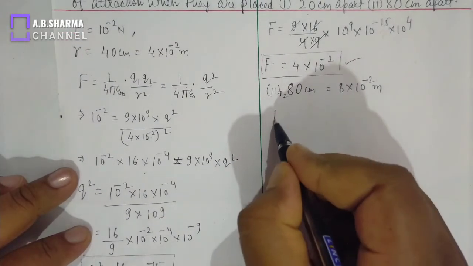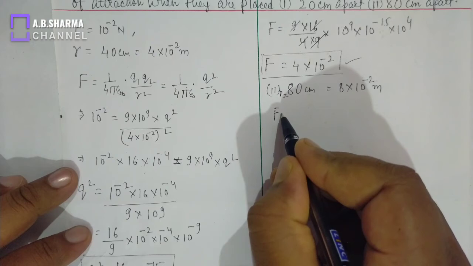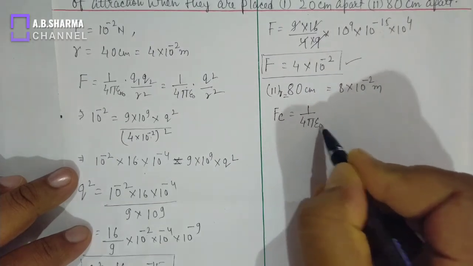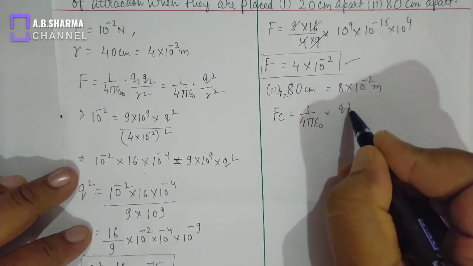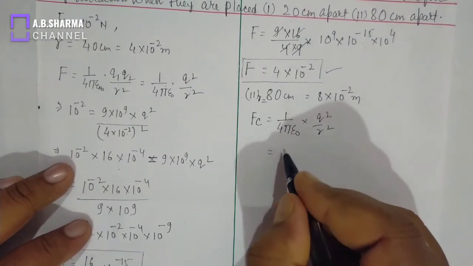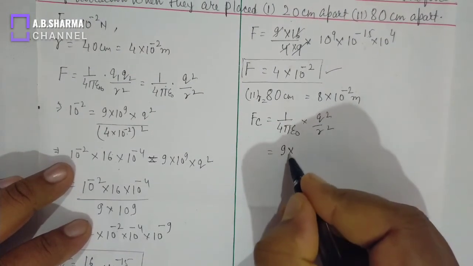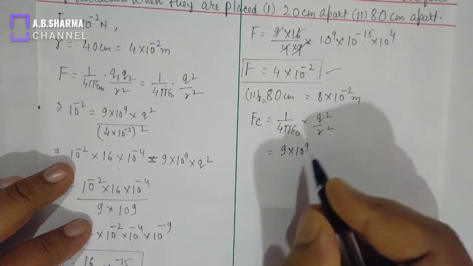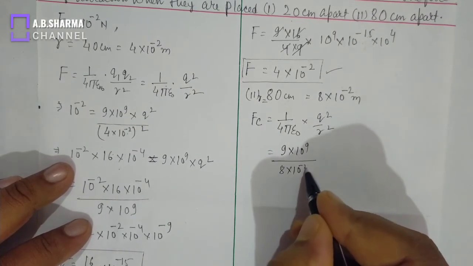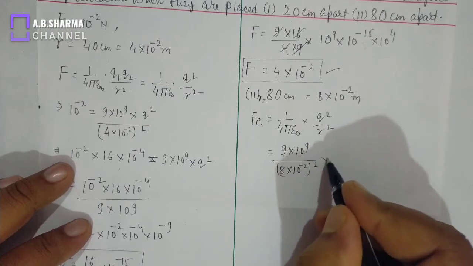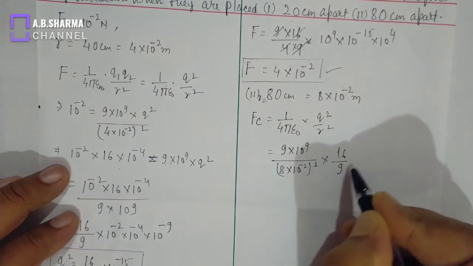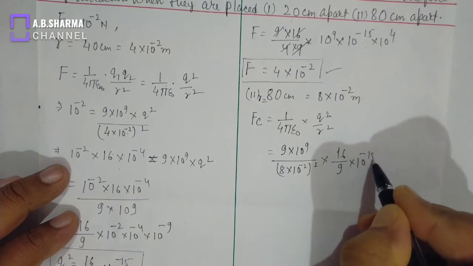Put the formula, that is Coulomb force or electrostatic force equals 1 by 4 pi epsilon naught Q square by R square, where the value of this constant is 9 into 10 to the power 9, and R square is 8 into 10 to the power minus 2 square, and the value of Q square is 16 over 9 10 to the power minus 15.